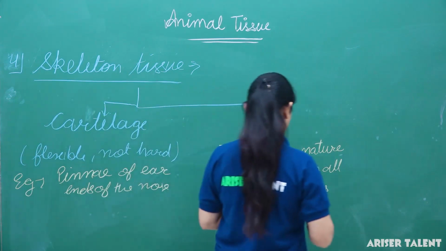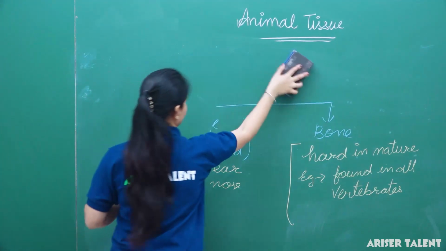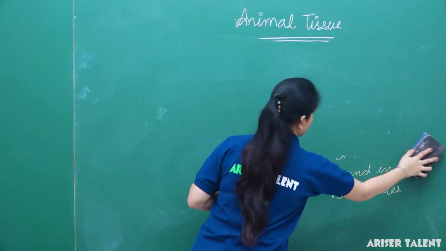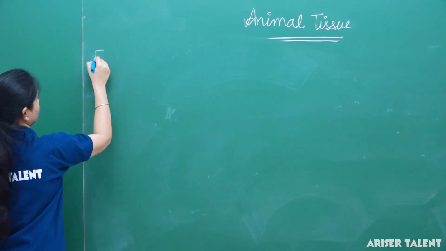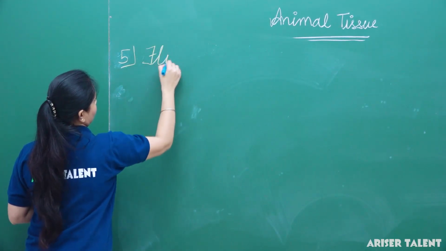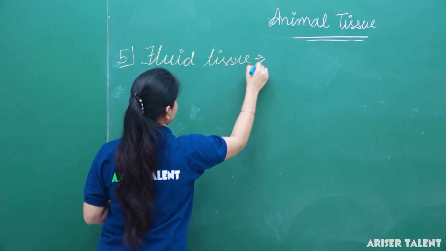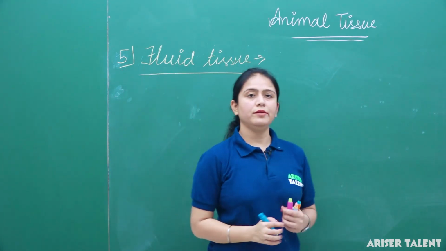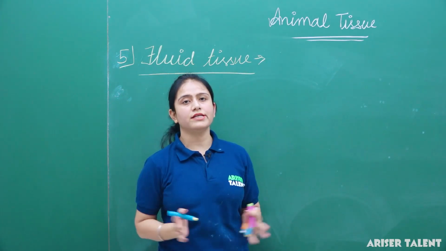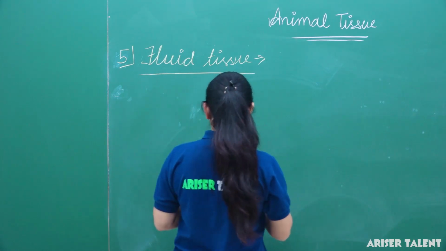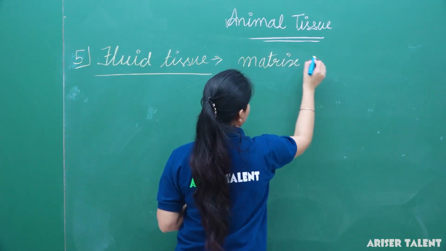Last one is fluid tissue. Fluid tissue, as the name itself defines, fluid means it is in the liquid form or a matrix-like substance.